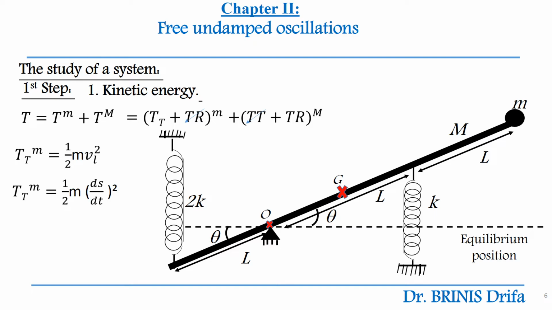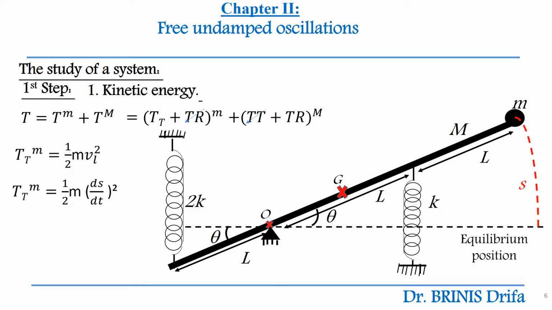You see the displacement S here is curvilinear. Even though it is curvilinear, and the generalized coordinate is theta, it doesn't mean that we have a rotational motion. No, we have a translational curvilinear motion.